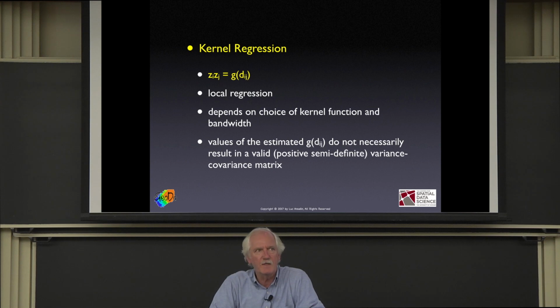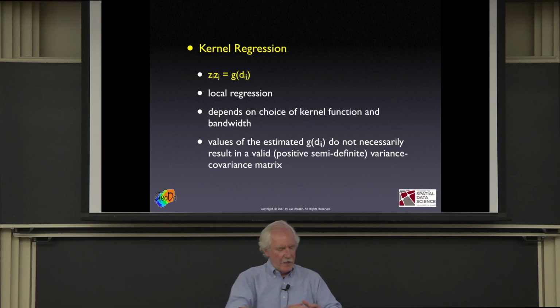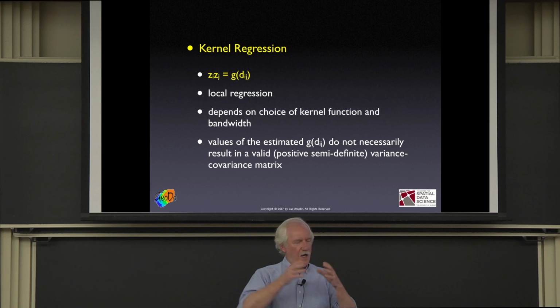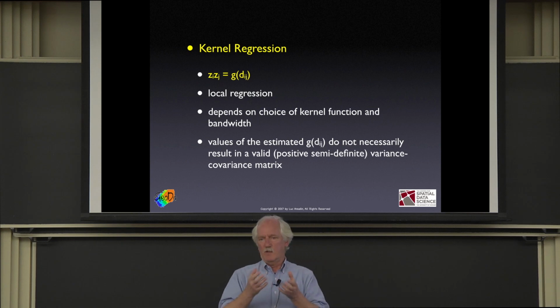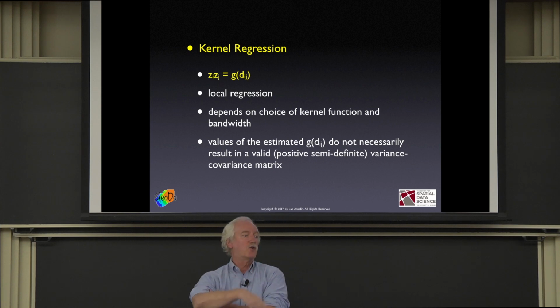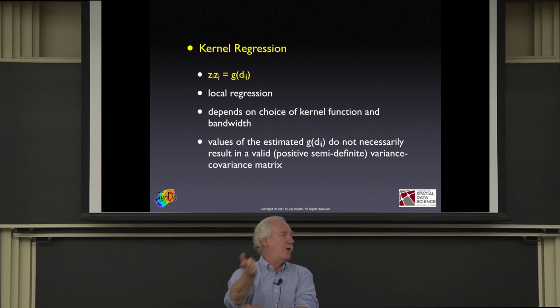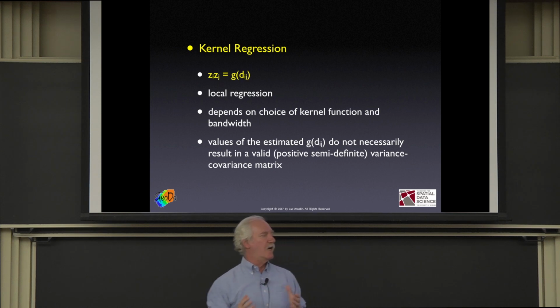To explain this, you're all familiar with the notion of a variance, which is always positive. There's no such thing as a negative variance. So once you extend this notion from a univariate context with the variance to a multiple variable context, you have a variance covariance matrix. And the counterpart of having a positive variance is that you have to have a positive definite variance covariance matrix. In a nutshell, it means the determinant has to be positive.